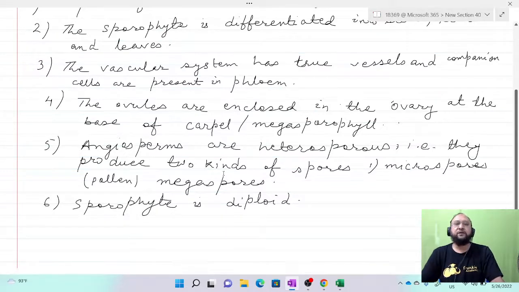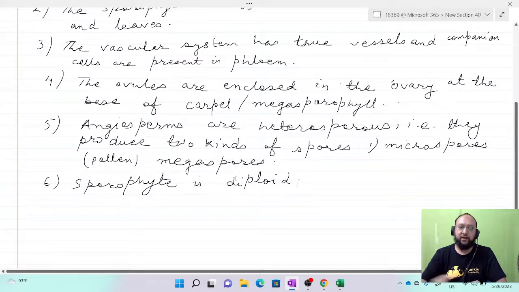And another important feature of the angiosperm is that they can survive on different kinds of habitat, and they have evolved and adapted to different kinds of habitat. As we have seen, angiosperms are found all over the planet.